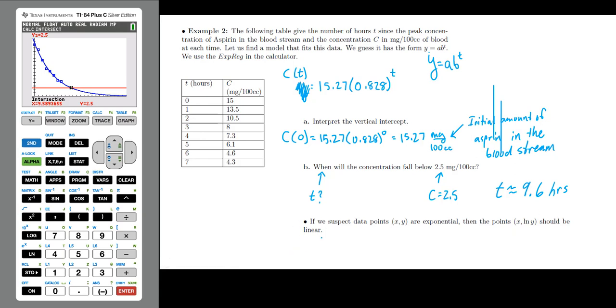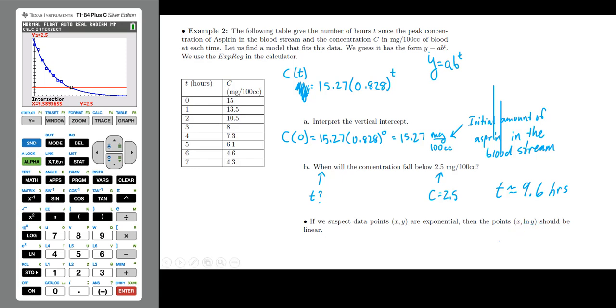All right, the last little note I'd like to make here is it says, if we suspect that data points are exponential, then a way to check to see if we're really correct about that is to plot the points x, natural log y. And if we do, those should be linear.